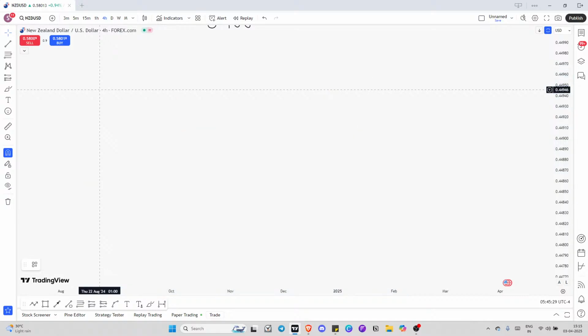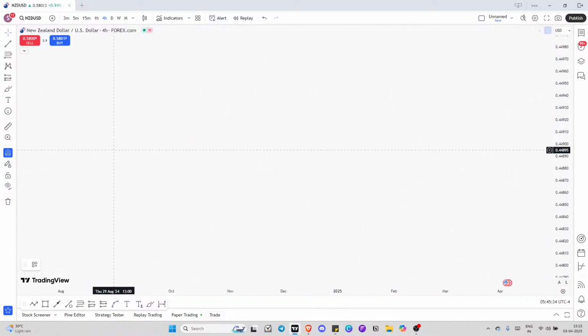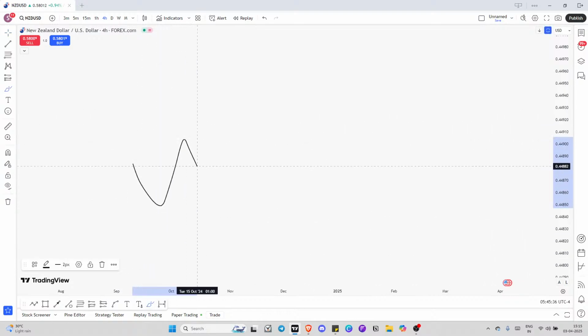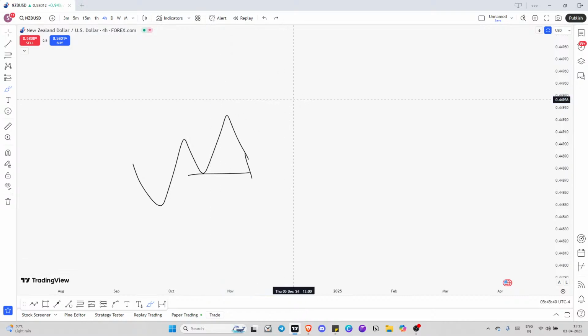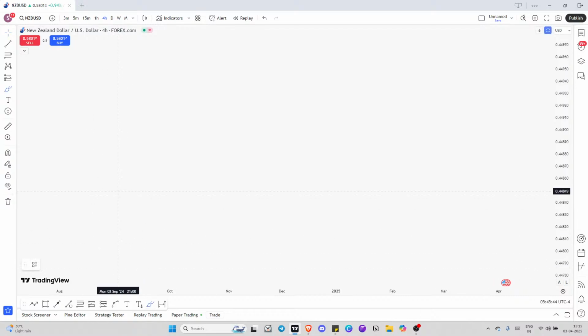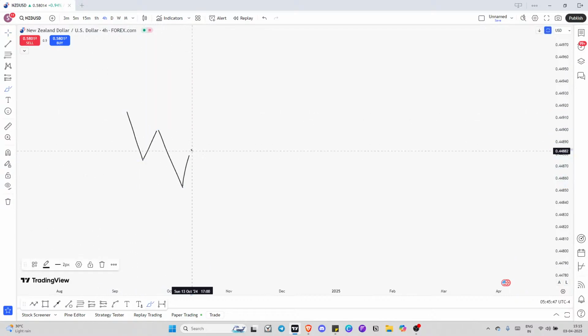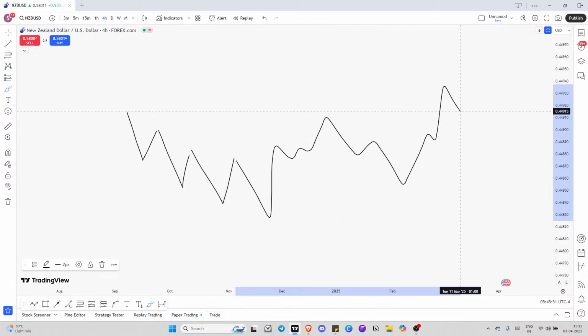It's simple. You need to backtest a lot, and you need to know the insights of markets and the structure, as I taught you in the first part, and you have to know the draw on liquidity. And then the market moves from PD array to PD array.